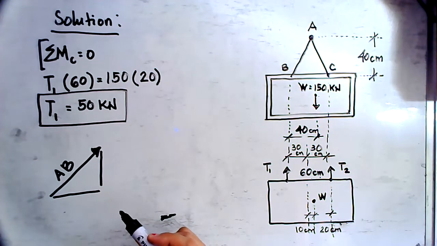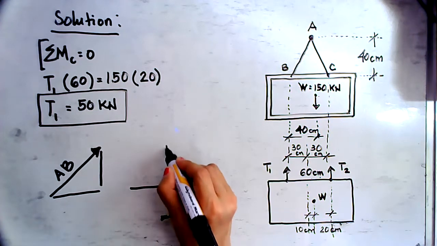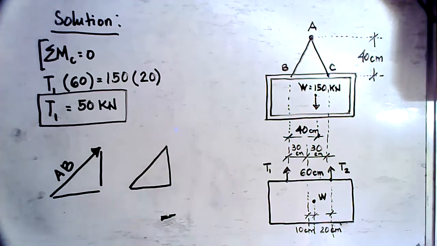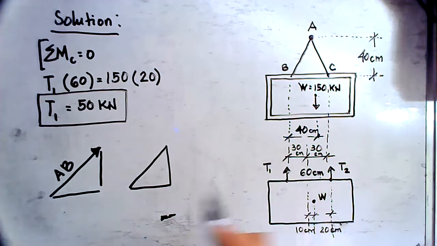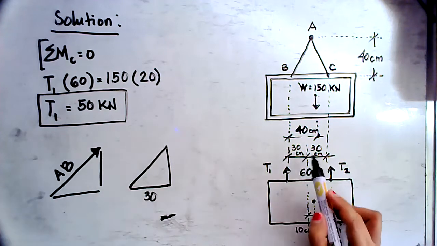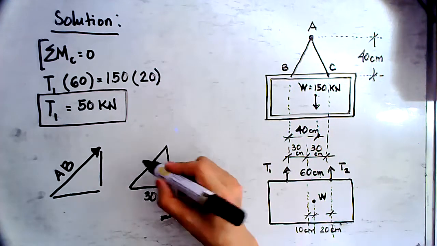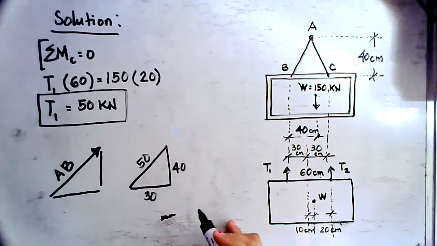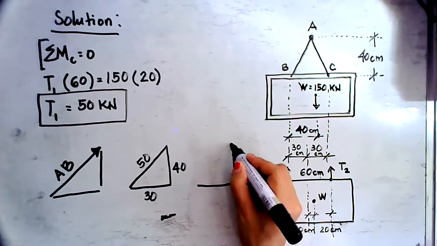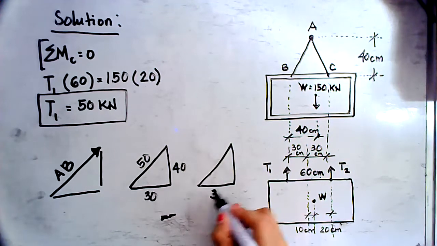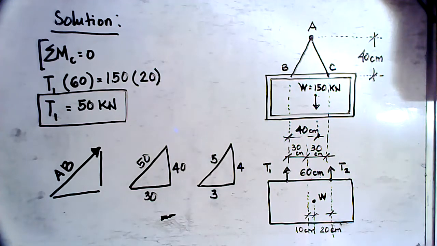And then of course, if you are going to represent here a triangle, this is 30 centimeter, this is 30 centimeter, while this height is 40. So that means this is 50. It is the same as a 3, 4, 5 triangle.